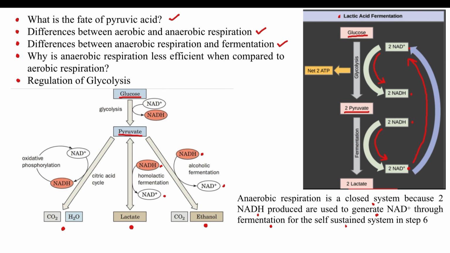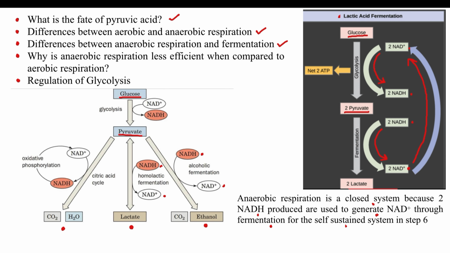It changes the pH of the cytoplasm, and therefore the lactic acid accumulates and it leads to fatigue in the muscles. Whereas ethanol is a better fermentation product because it is neither toxic nor is it going to stay trapped somewhere. It passes easily, it is permeable through the plasma membrane. So ethanol is a better molecule to be formed.